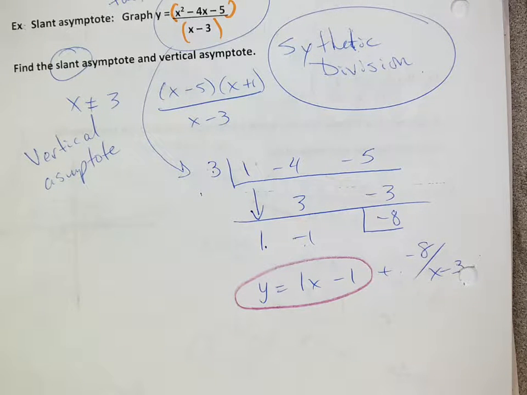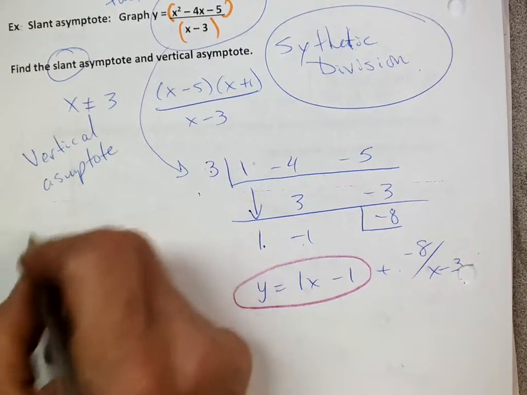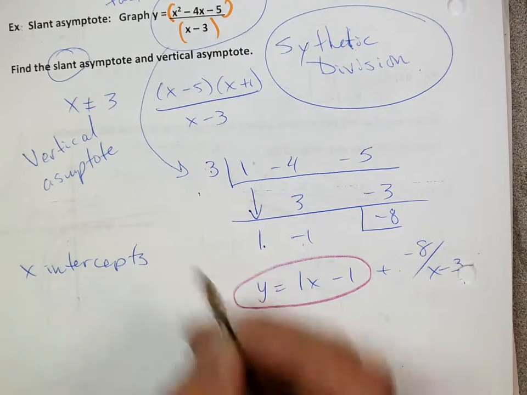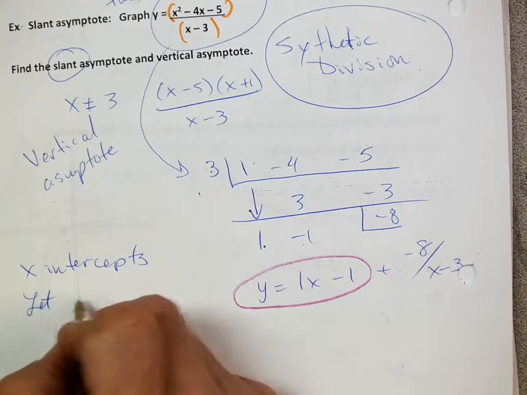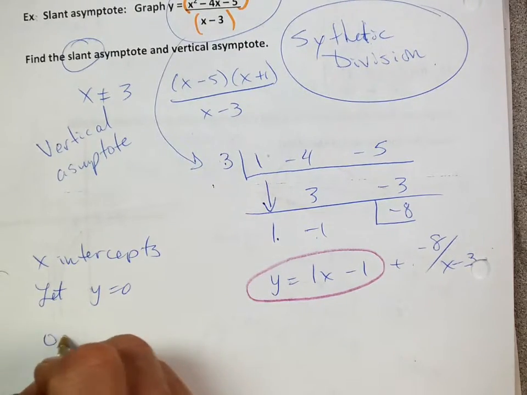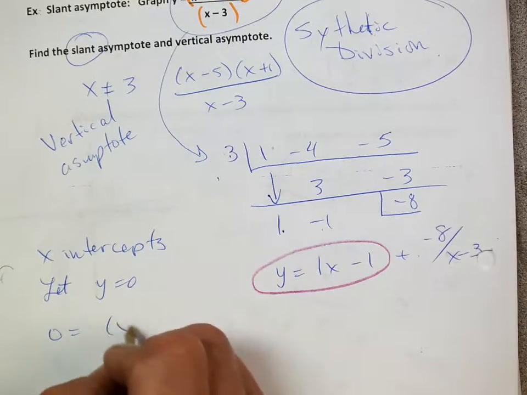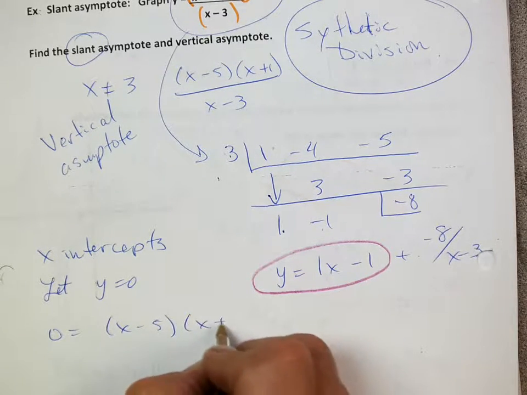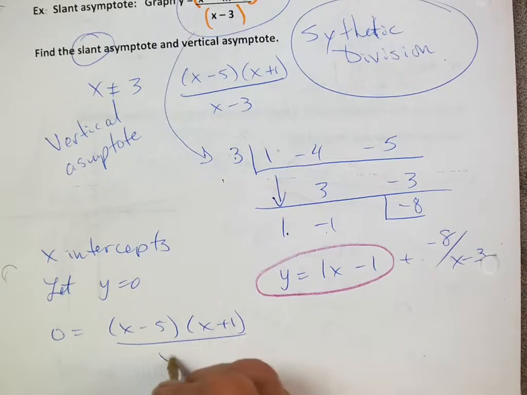Now, let's take a look at zeros. Let's see if we can find some zeros. If I want x-intercepts, let y equal 0. So I get 0 equals x minus 5 times x plus 1 over x minus 3.